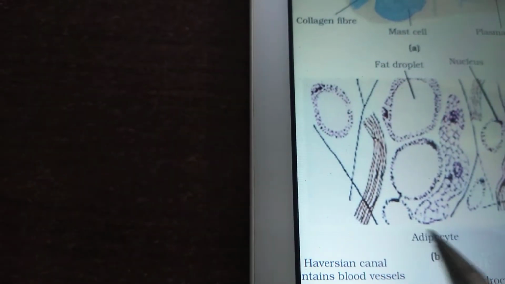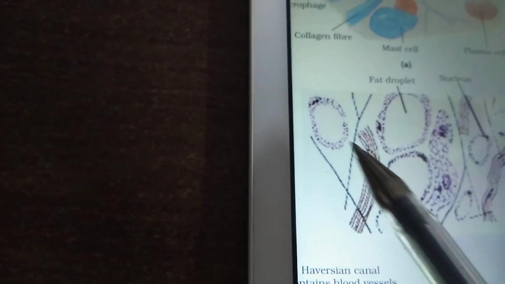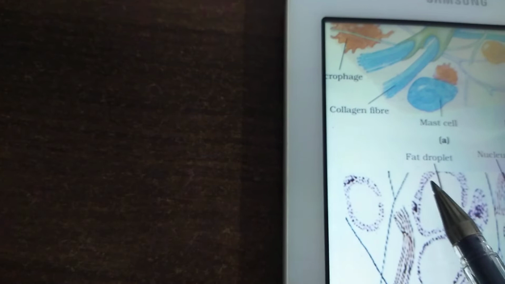Let me show you the structure. See the structure of adipose, or adipocytes, we can also call this adipocyte. There are fibers, then different types of cells, and with that they have these fat droplets. In that, fat is stored.